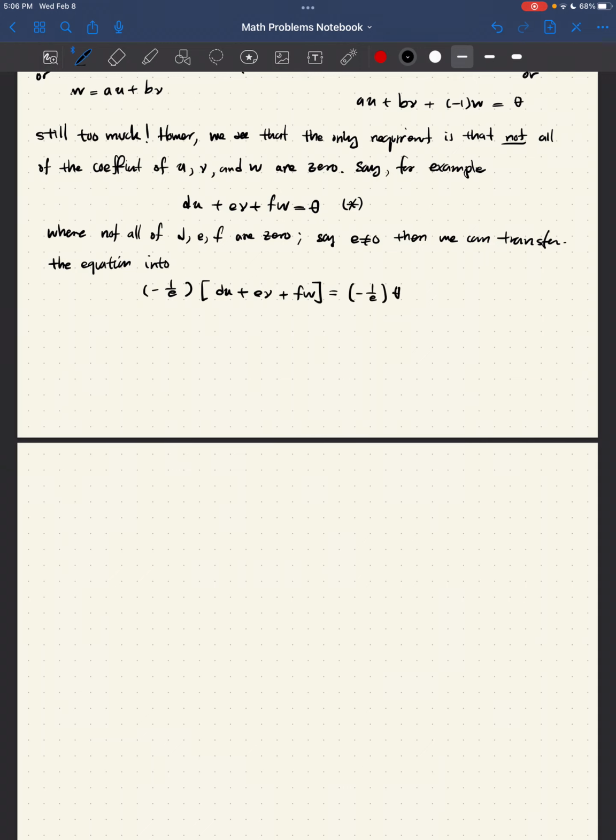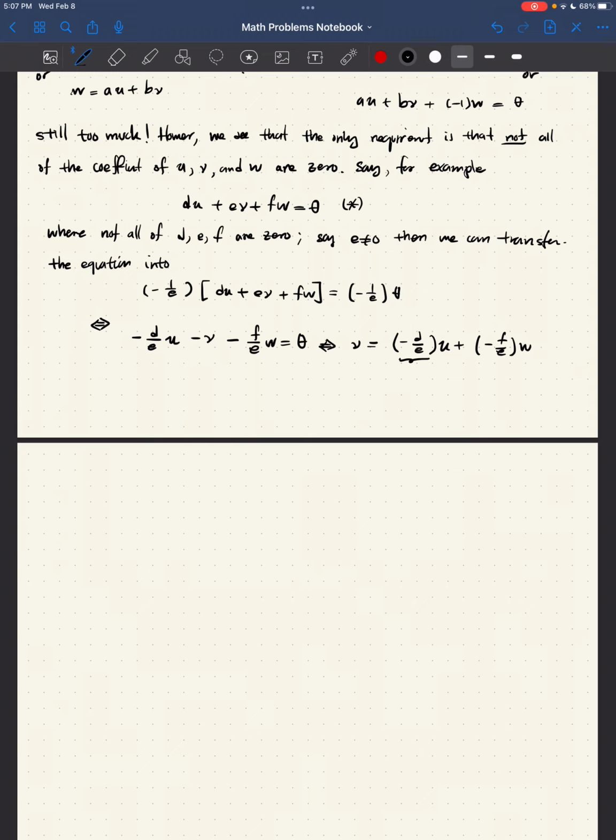the 0 vector. Of course, you would distribute, and you will have negative d over e u minus v minus f over e w equal to the 0 vector, which you can now transform into v being equal to negative d over e times u plus negative f over e times w.